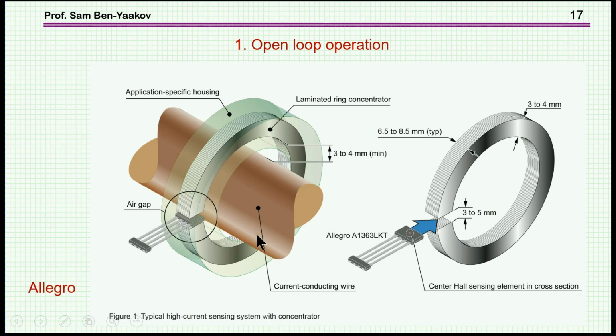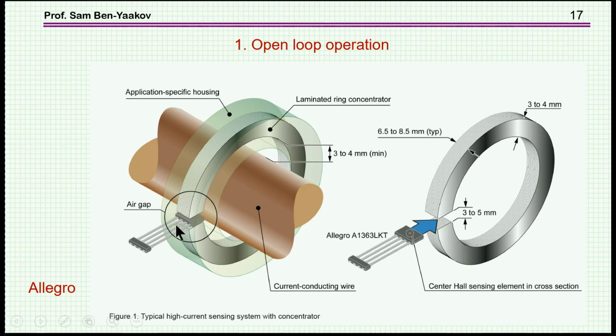Now in practice, this is how this is done. We have a toroid. It may not be a toroid, it could be a square, it could be any other shape. We have a gap, and we put the Hall effect element inside this gap in order to capture the magnetic field.